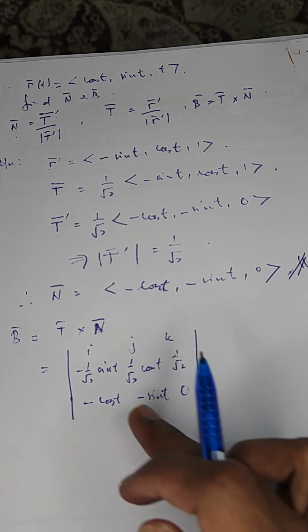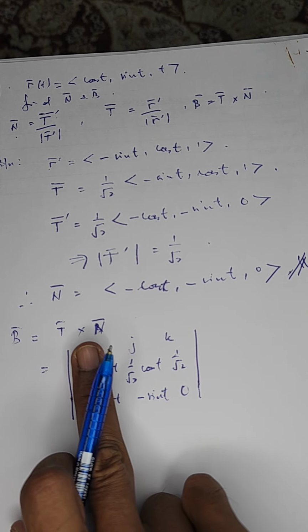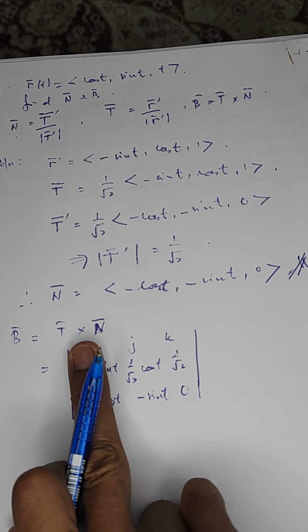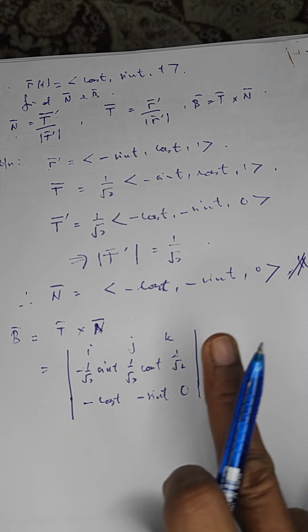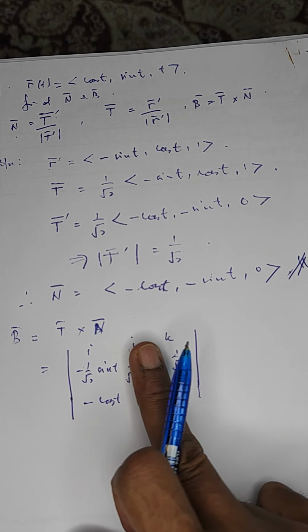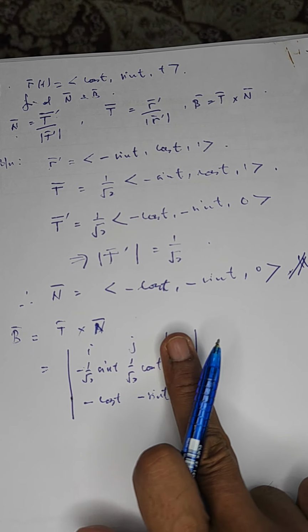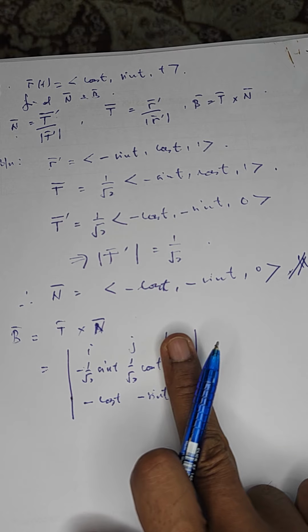So this is not difficult, again, just perform the cross product to find i. We have 0 for that, then for j you have 1 over root 2 times cos t term, and for k we have sine squared plus cos squared, which is 1.